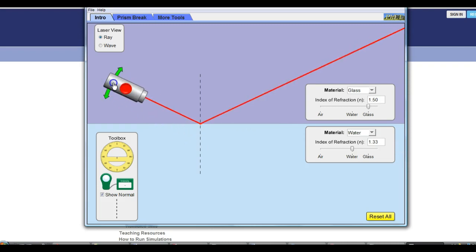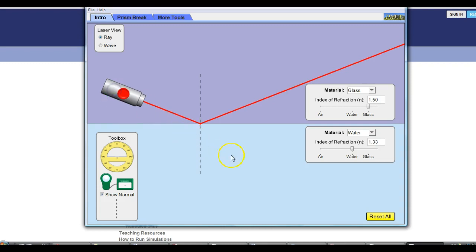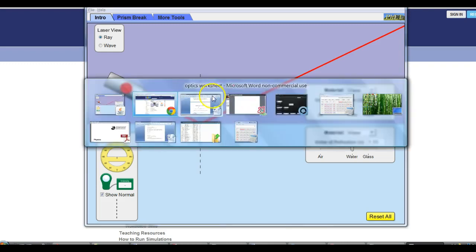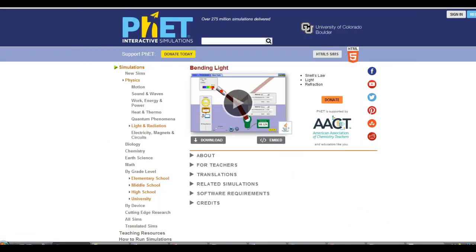If you increase past that angle, we don't have any refraction anymore. We only have reflection. This is called total internal reflection. And this minimum angle of incidence, where it just barely starts to occur, that's called the critical angle.